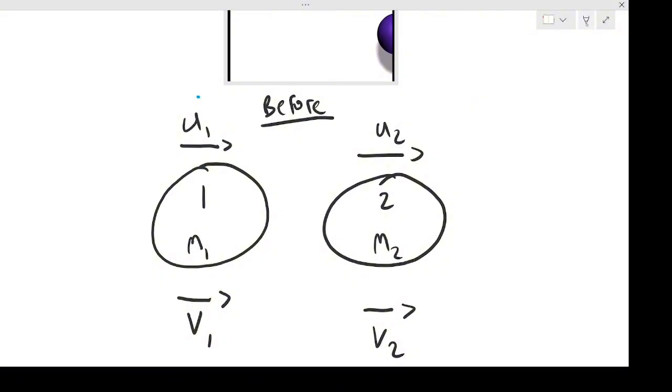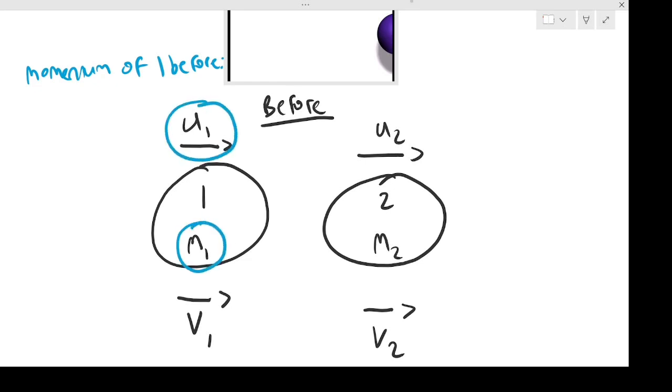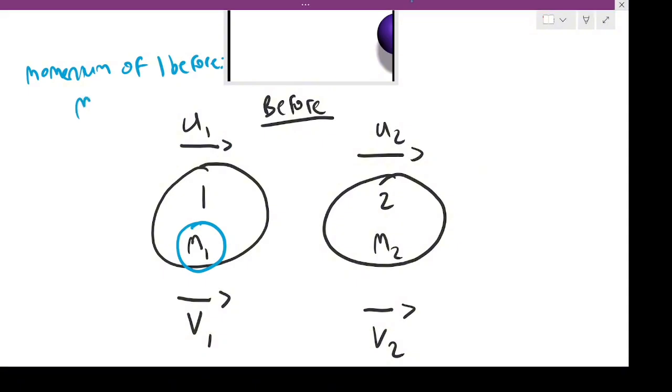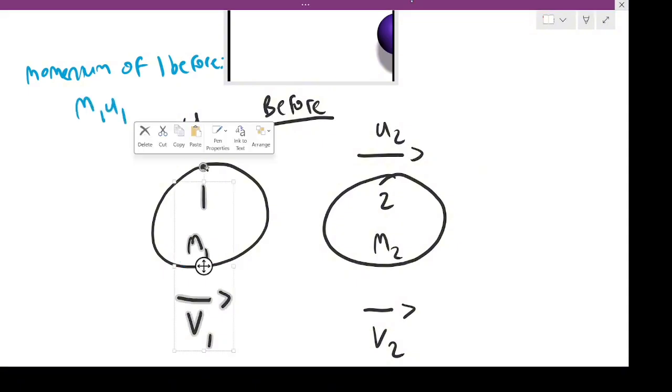Firstly, I'm going to look at the momentum of the first one before the collision. Remember, momentum is mass times velocity. The first one has mass m1, and initially the velocity is u1, so it's m1u1. Hopefully happy with that.